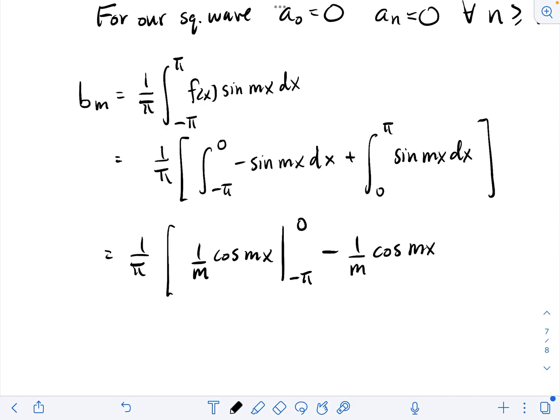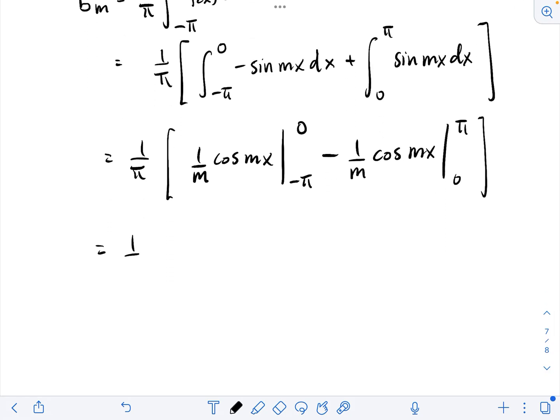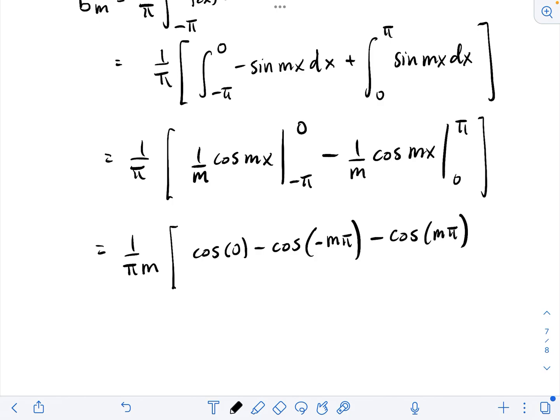Okay. 1 over pi. Let's just factor out the m. And then what do we have? We have cos of 0 minus cos of minus m pi minus cos of m pi, and then I guess we'll get a plus cos of 0. Okay, cos of 0 is 1, so we have a 1 plus 1, which is 2.